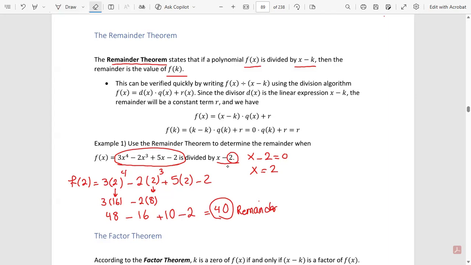Now let's see if we get the same answer. I want to use synthetic division and see if we can get the correct answer. For synthetic division, we have to set the divisor equal to 0, and we get 2. We put 2 in a box, and then we put the coefficients of this polynomial.